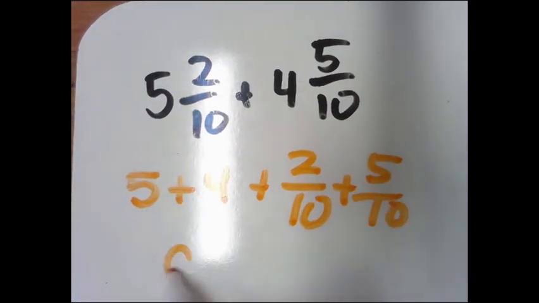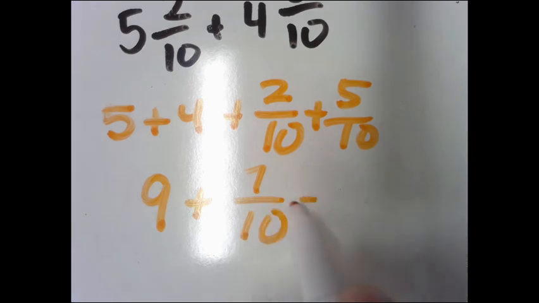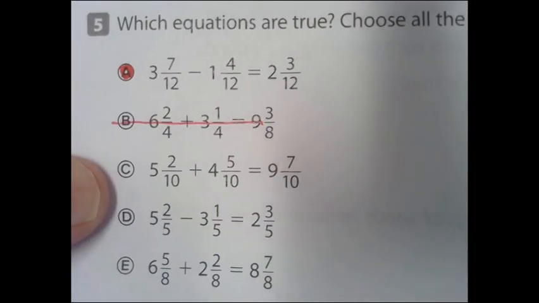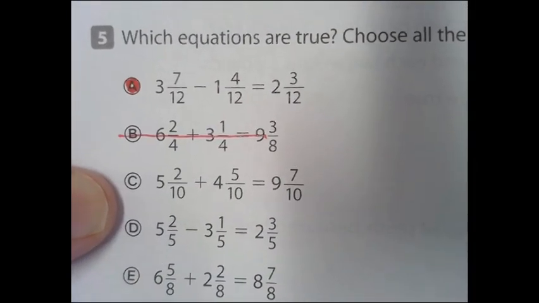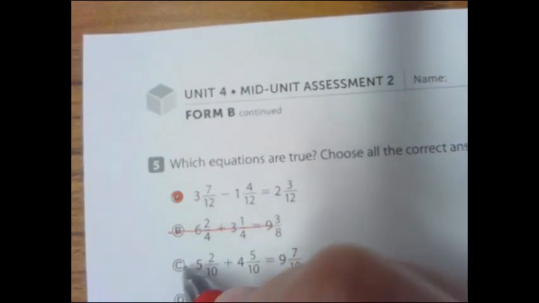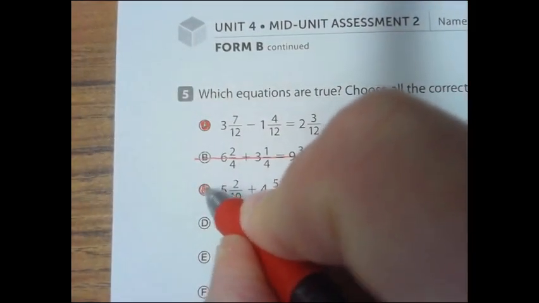So 5 plus 4 is 9, plus 2/10 plus 5/10 is 7/10, which equals 9 7/10. So let's go back and look at C. And sure enough, yes, it's saying 9 7/10. So we have to circle option C, because that one's true.